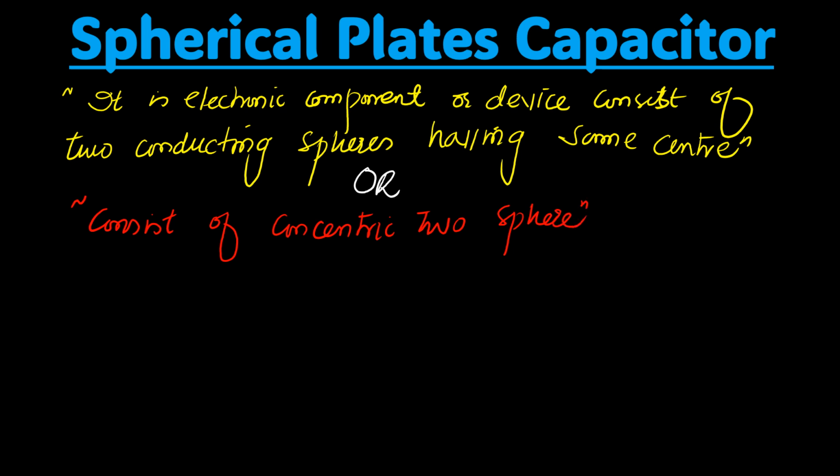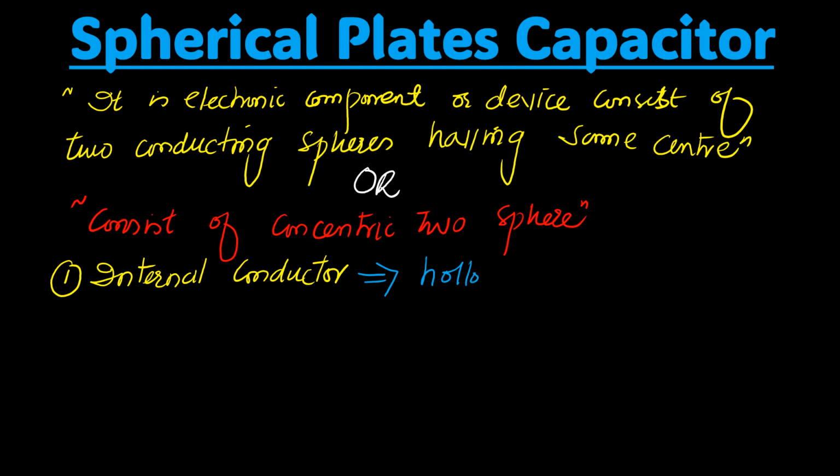Usually spherical capacitors consist of an internal conductor, and that internal conductor is covered by a hollow conducting sphere around it. Please keep in mind that it is not necessary that the internal sphere of the spherical plate capacitor is a bulk conductor as a whole.